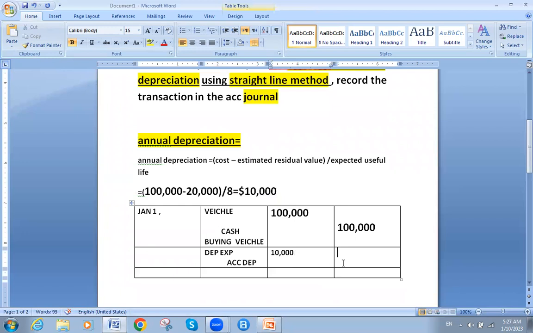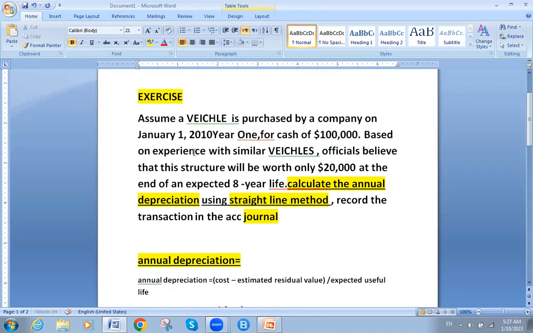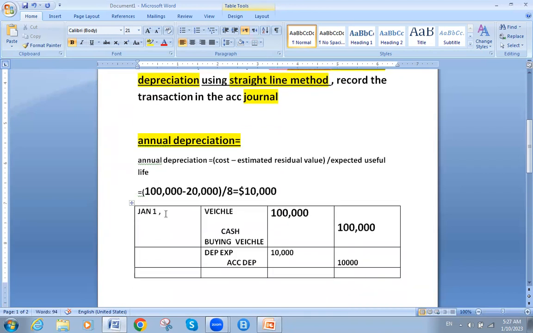Then here 10,000. Now the point is that we will repeat this every January of every year. As an example, this was on January 1, 2010.